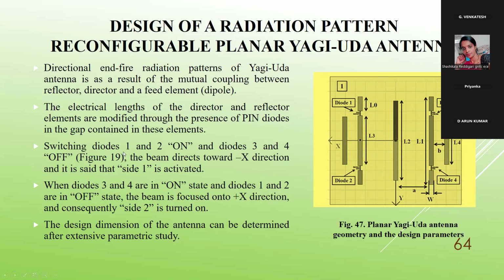Switching diodes 1 and 2 on, when diodes 3 and 4 are off. They have arranged it in such a manner that this is the minus X direction on the left side, and the right side is the plus X direction. Accordingly, the biasing arrangement will be there, though it is not shown here. The beam is directed towards the minus X direction, and side 1 is said to be activated.